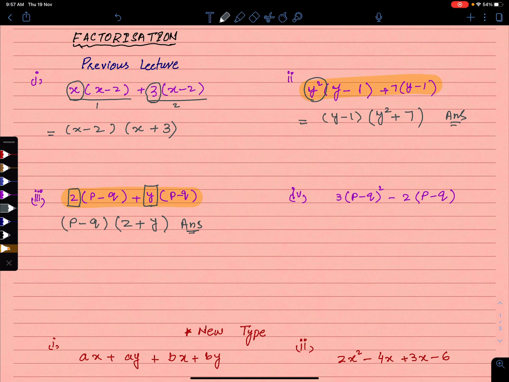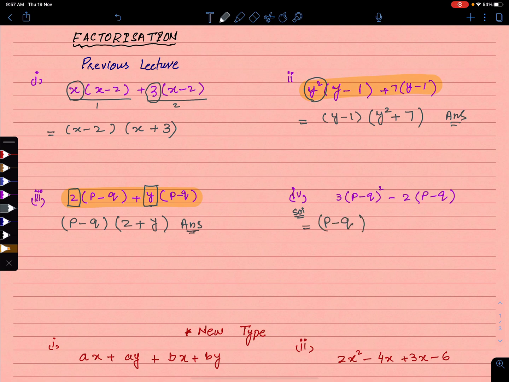The fourth part may be a little bit tricky, but not so much. So here we have p minus q square, while in the second term we have just only p minus q. It means p minus q is common.